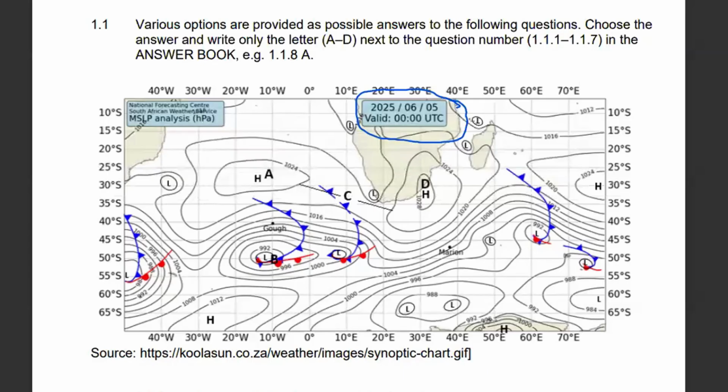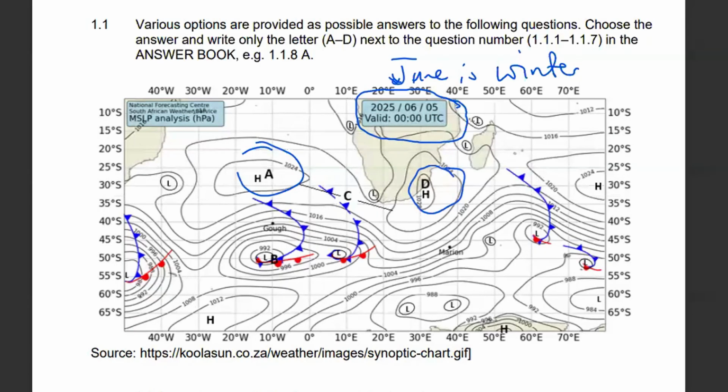Also, if we check the position of this high pressure cell and this high pressure cell, we can figure out the season for the map. For this reason, we have our date, June. We know this is our southern hemisphere. June is a winter month in the southern hemisphere.